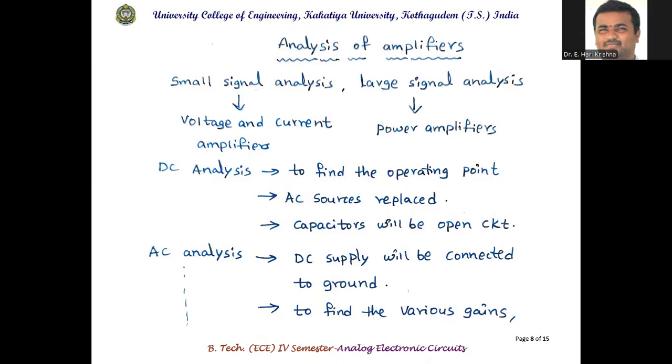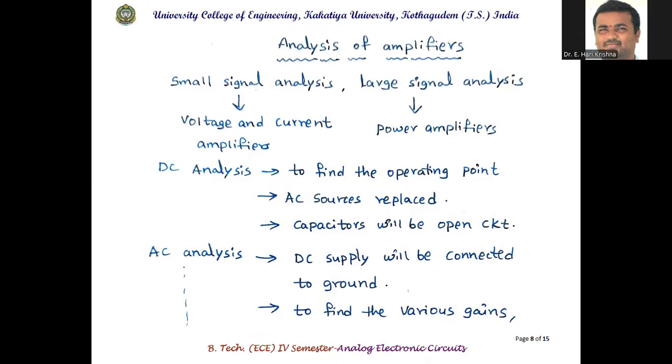While performing the DC analysis, AC sources will be replaced with their internal resistances. Capacitors will act as an open circuit because for DC, f is equal to 0, so 1 by j omega C becomes infinity.